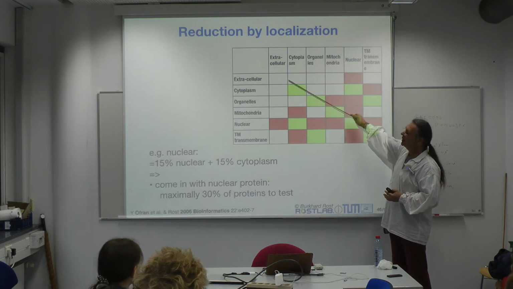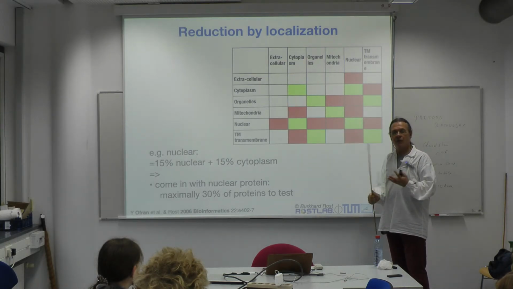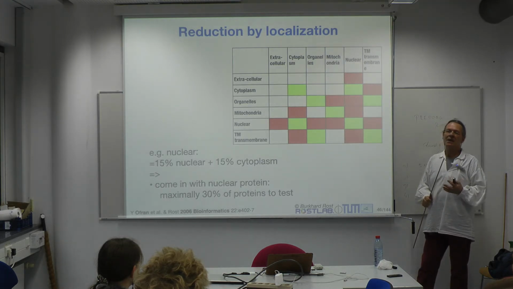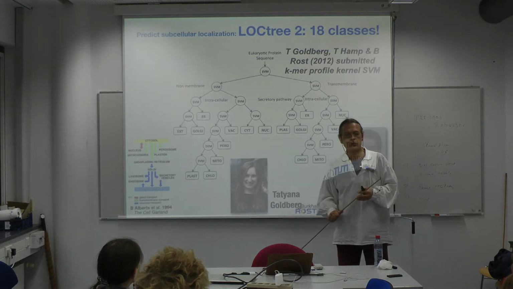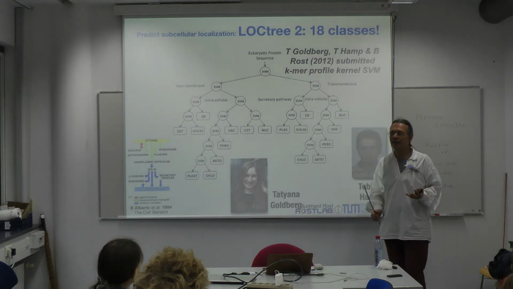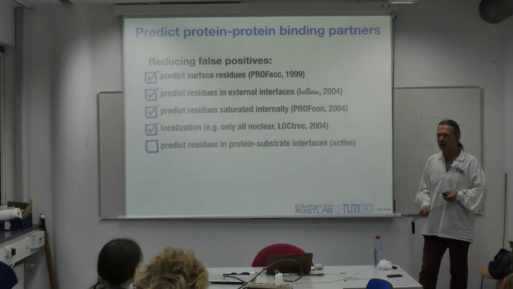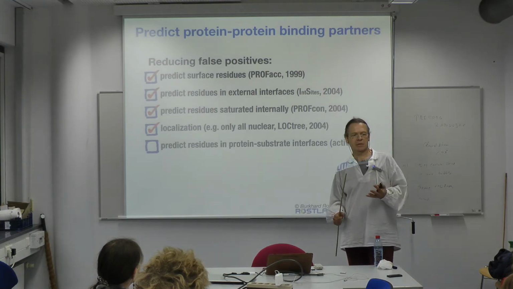But still, in a situation where I have 6 different states, I reduce my false positives by a factor of 36, right? If they were equally populated. And as you remember, LocTree2 predicts subcellular localization in 18 classes, so it's 18 squared. The reduction of false positives is a big number. Again, I throw away true ones too, but most of what I throw away is false positives.